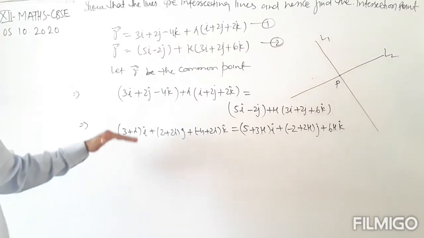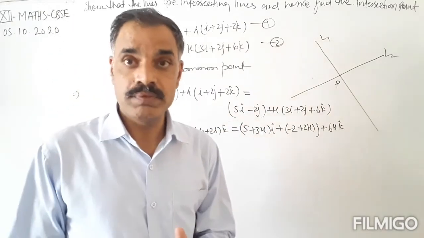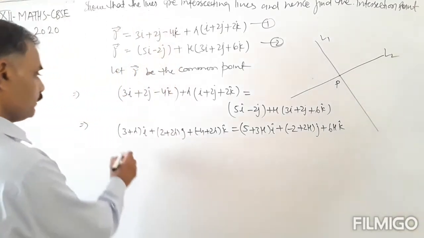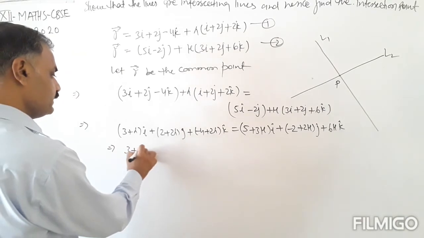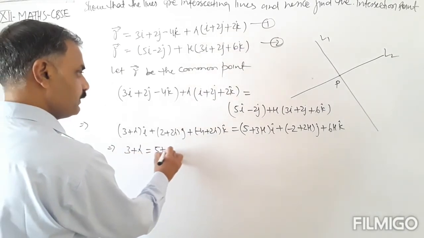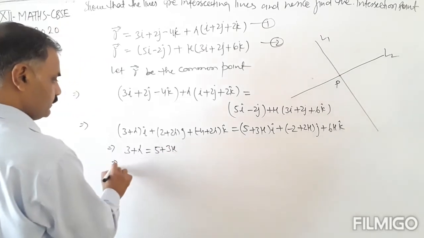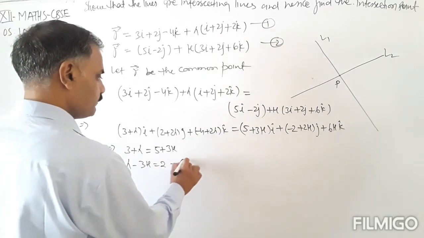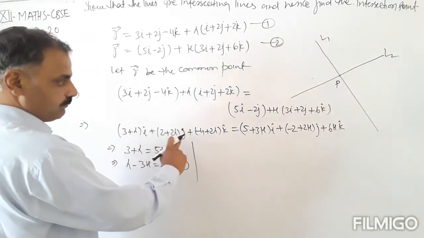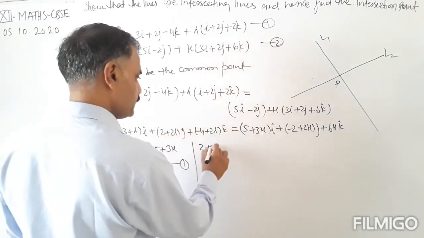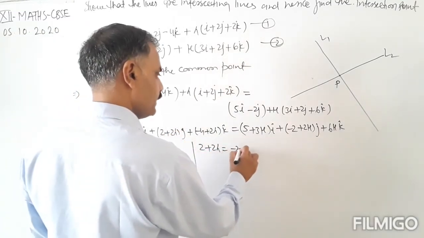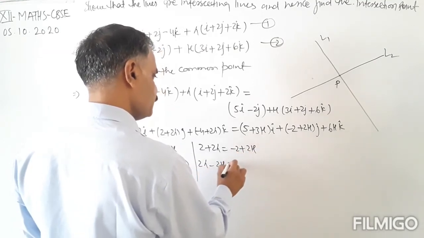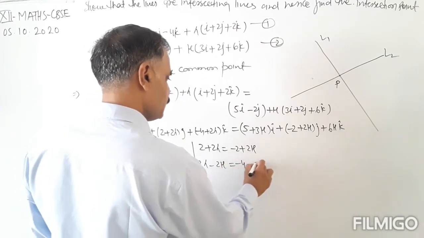Now we have to compare the components of i cap, j cap and k cap. Comparing the i cap components, 3 plus lambda equals 5 plus 3 mu, so lambda minus 3 mu equals 2, equation number first. Comparing the j cap components, 2 plus 2 lambda equals minus 2 plus 2 mu, so 2 lambda minus 2 mu equals minus 4, equation number second.